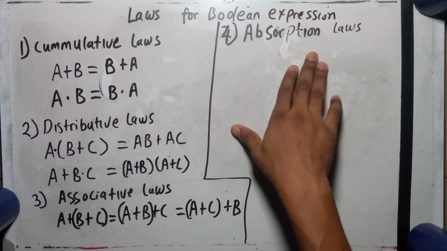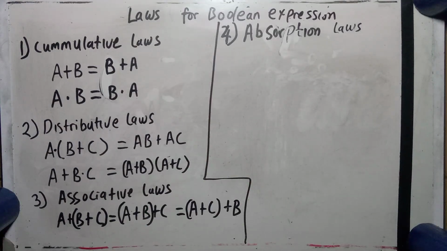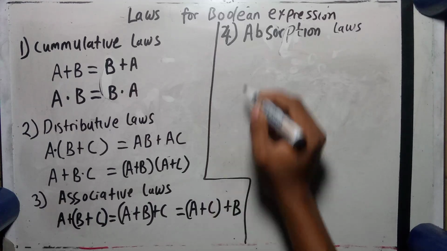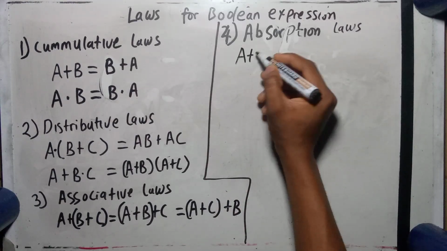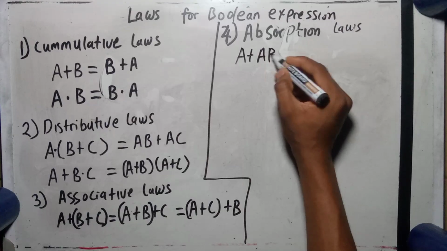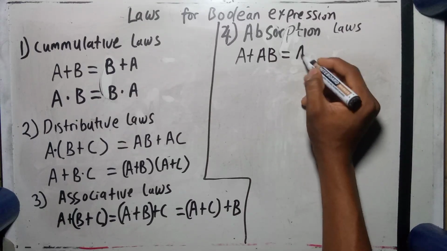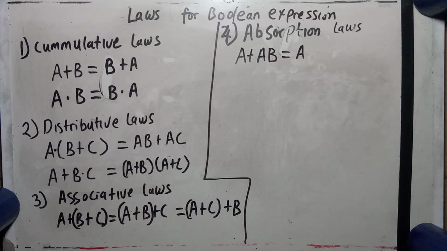Now absorption also has its own principle. The reason for the name is that we are getting some things that we have seen, we have worked with, maybe proving through the truth table. We have seen that this is actually true. Now, one of it will be this: A plus AB is equal to A. How is this so?